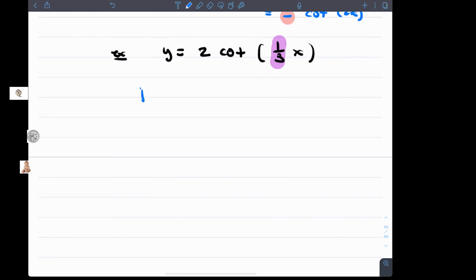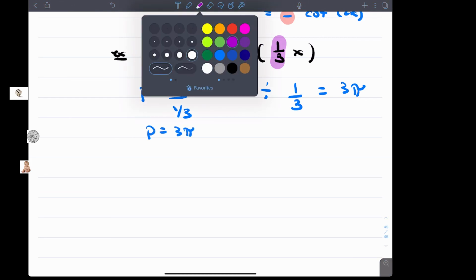What's your period? Pi over k again. Remember that arithmetic every trig student should know? Let me redo that. What does that equal? It's pi divided by 1/3, which will be 3 pi. So the period equals 3 pi.